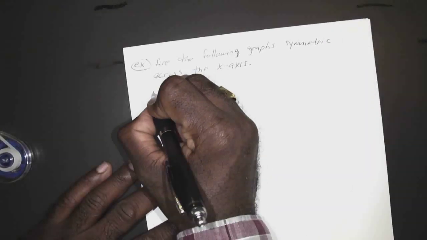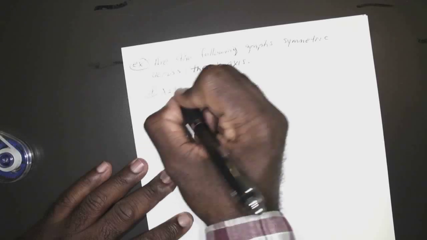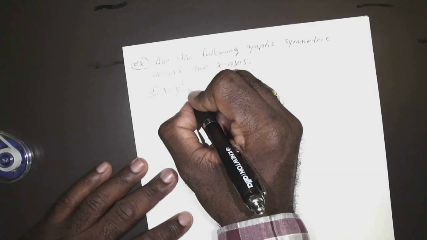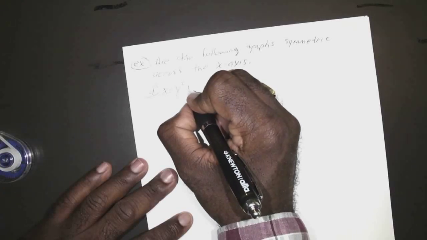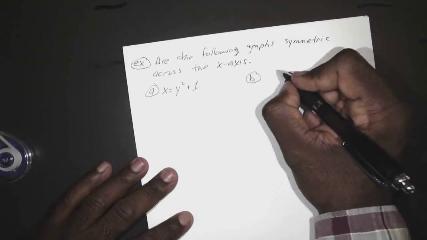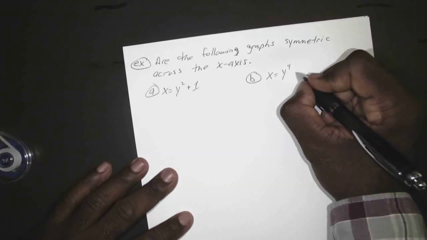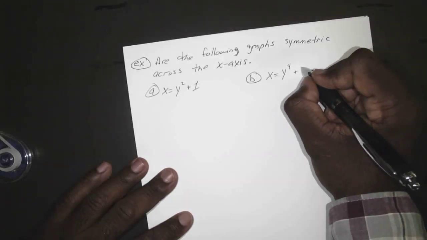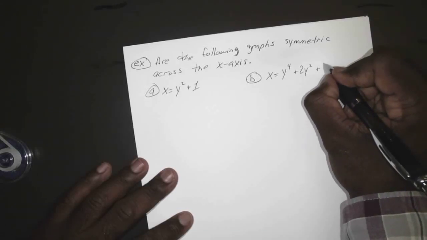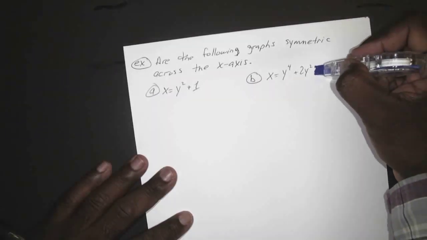Let's say for problem A, x equals y squared plus 1. Let's say for B, x equals y to the 4th plus 2y squared.